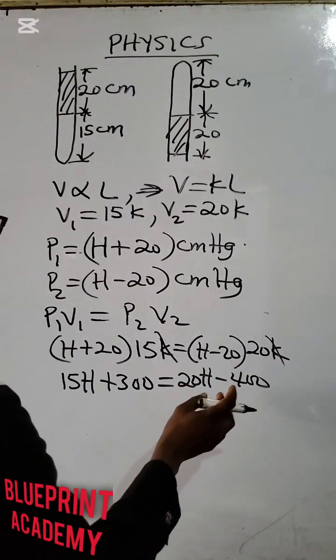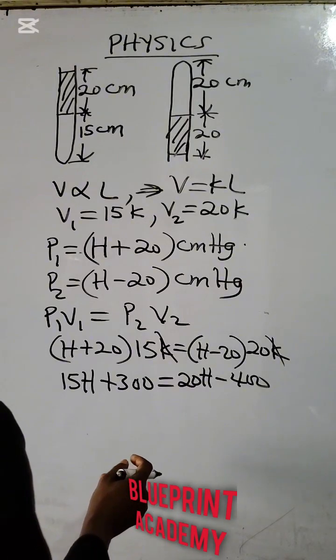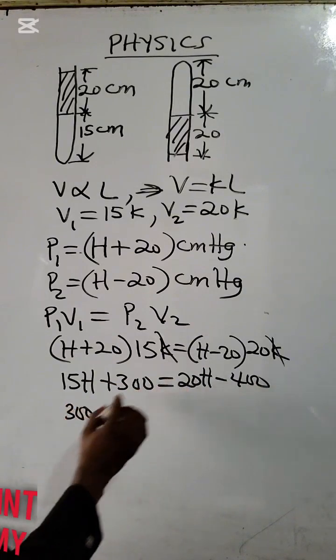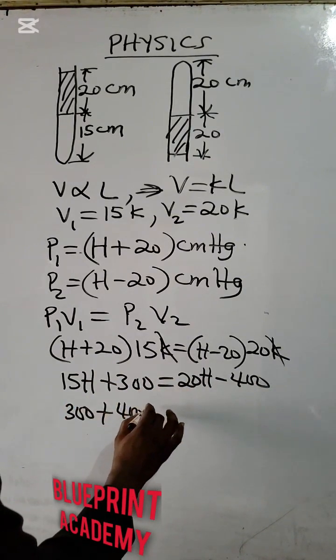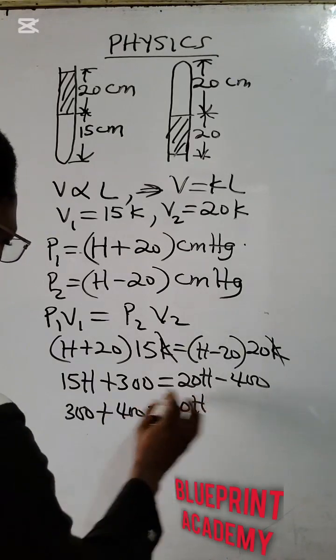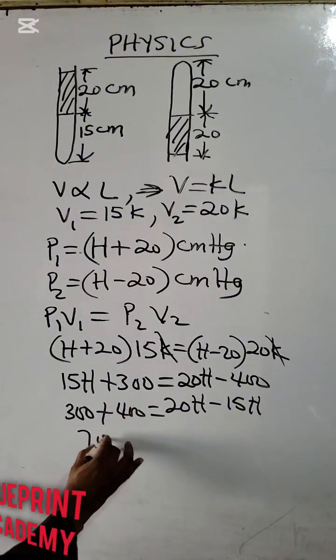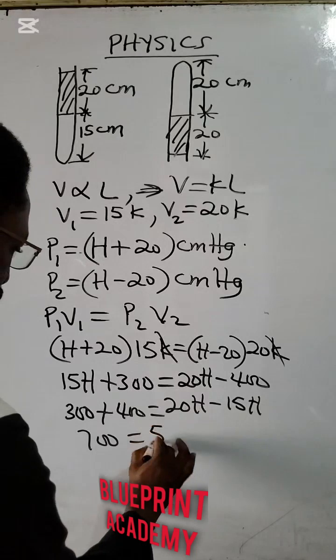So collecting like terms, I transfer the 400 across the equality. I'll get 300 plus 400 equal to 20H minus 15H. So this gives me 700 equal to 5H.